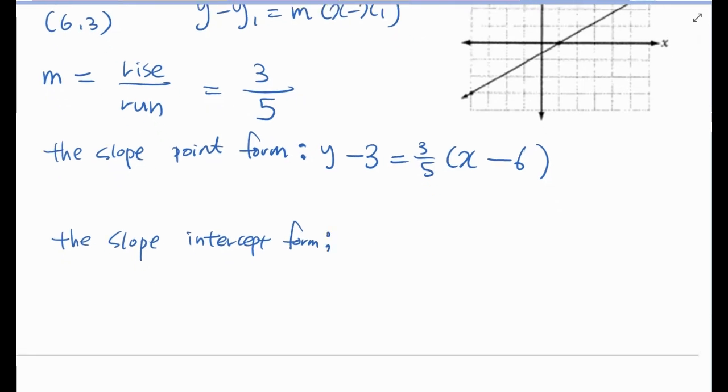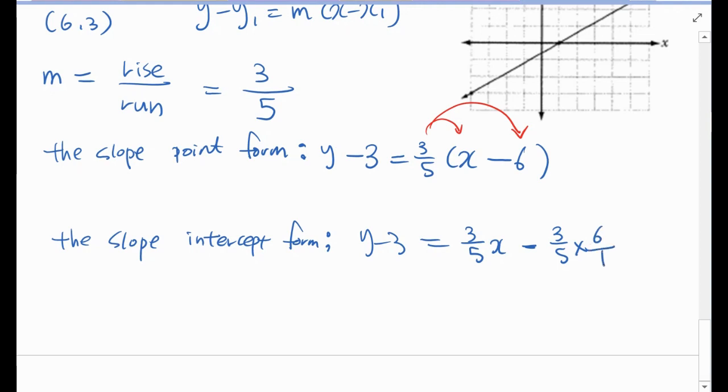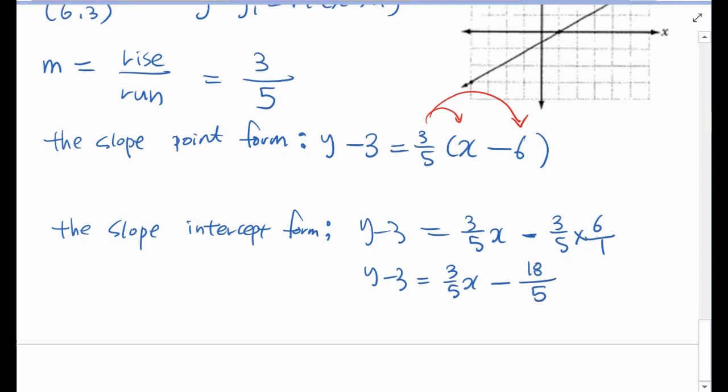To do that, I'm going to distribute. So 3 over 5x minus, 3 over 5 times 6, where 6 is the same as 6 over 1. Is that right? So y minus 3 equals 3 over 5x minus 3 times 6 is 18, 5 times 1 is 5.